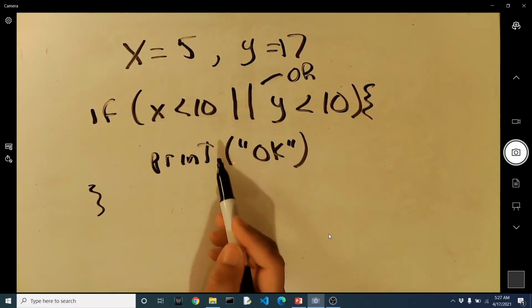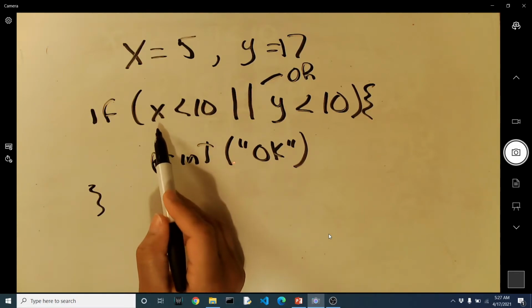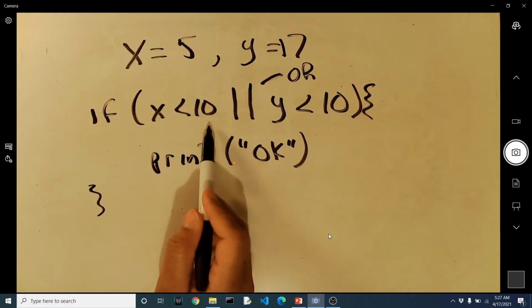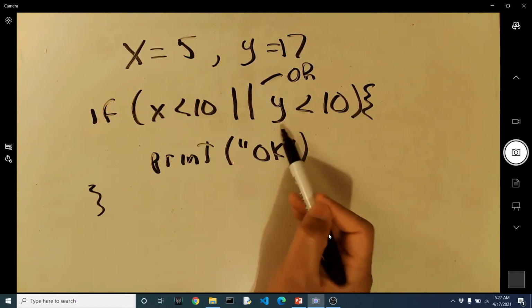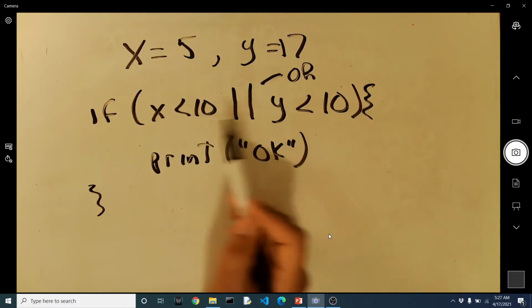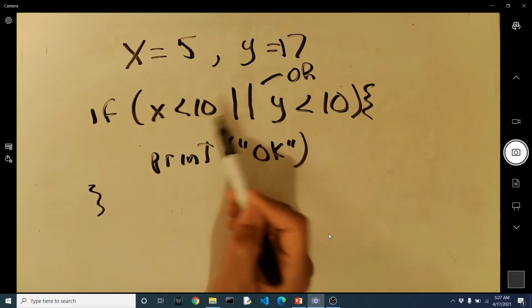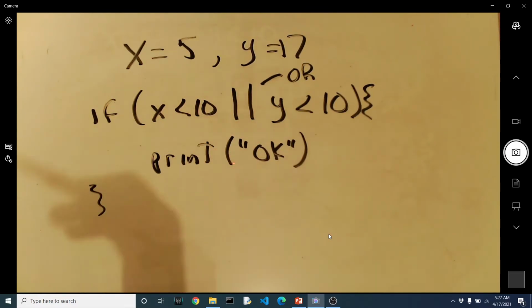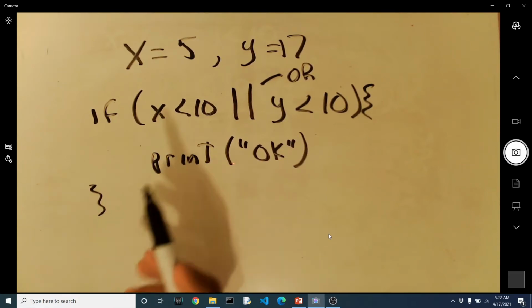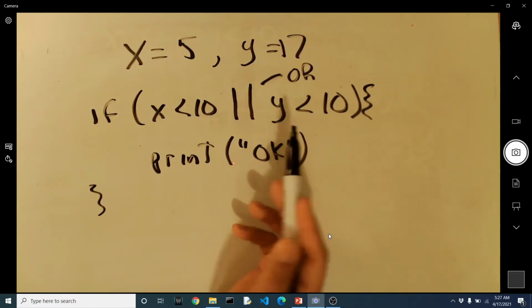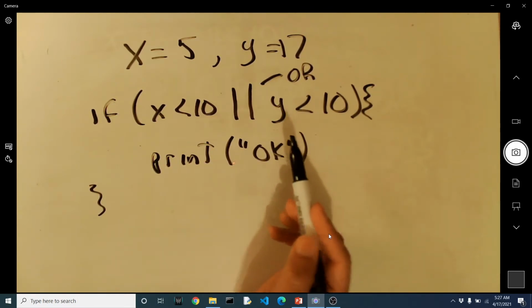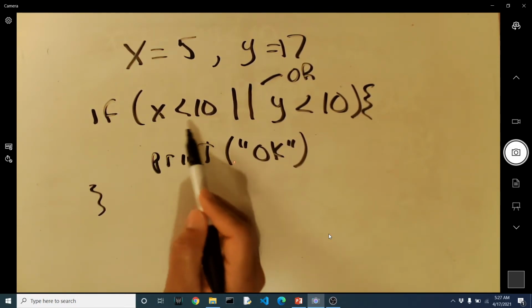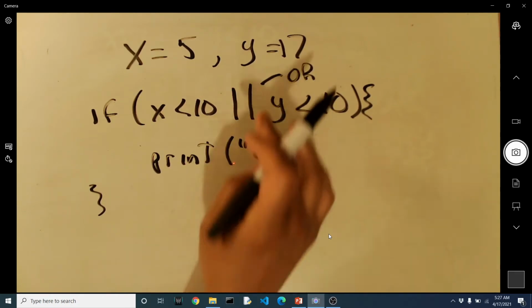So is x less than 10? It is. Or is y less than 10? Well, y is not less than 10, but guess what? The x is. Remember, that's how our understanding of or for our natural language works. It's either this or that or any of them, as long as something is being satisfied. So it happens to be that the x is less than 10, so we're going to print this out.